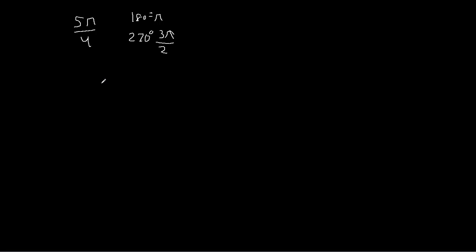So let's go ahead and do the math. Just like last time, x degrees over 5 pi over 4 radians is going to be the same as 360 degrees over 2 pi radians. This is the same thing we've done before. Again, we can clean this side up because dividing by a fraction is the same as multiplying by its inverse.